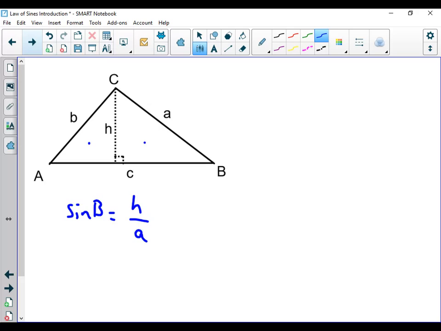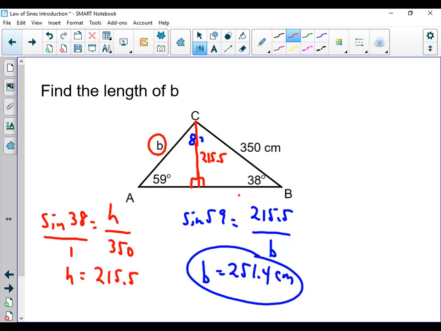I said, well, the sine of A is equal to H over B. But in both triangles, I used what value? Which value did I use both times? One time I found it, and the other time I used it. The height. Yeah, the height of the triangle.